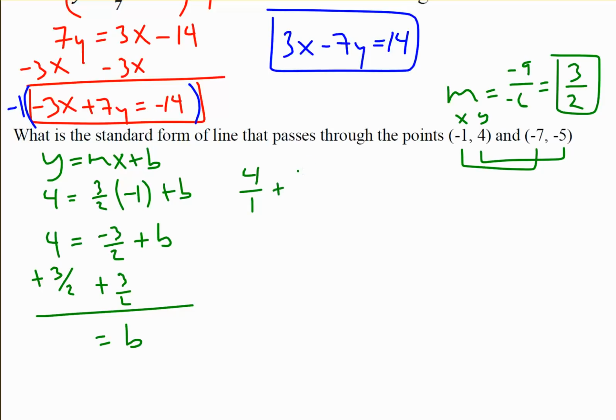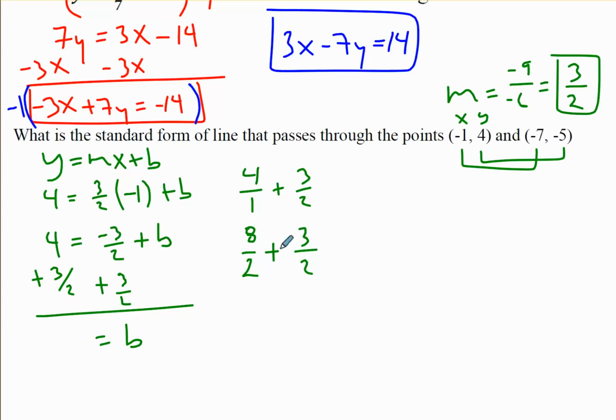So we need to have a common denominator. Well, the smallest number that 1 and 2 both go into is a 2. And so this second fraction already has a 2, so we'll leave that alone. And now 1 times 2 makes 2, so 4 times 2 is 8.